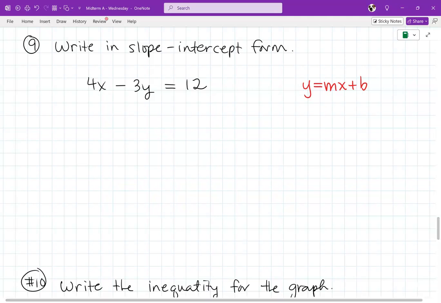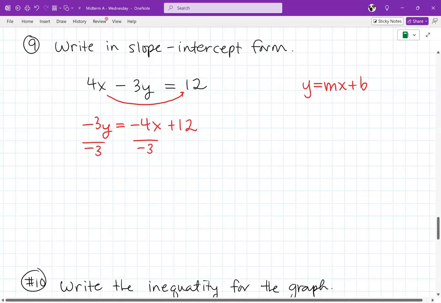Solve for y. So I'm going to get this 4x and I'm going to kick it over to the other side. So I get negative 3y is equal to negative 4x plus 12. Okay, and then I'm going to divide everything by negative 3. So this by negative 3, this by negative 3, and this by negative 3. So y is equal to 4/3 x minus 4.